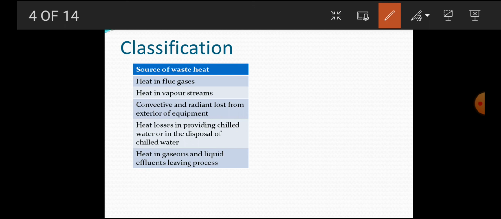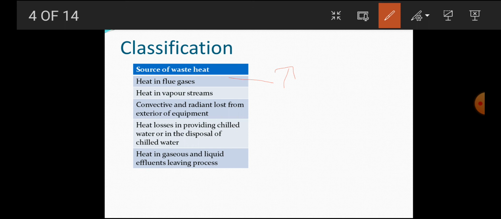Again, we will point them out and see the grade and quality of these sources of heat. First is heat in flue gases. The higher the temperature, the greater the potential value for heat recovery. So here the quality will generally be high, and the higher the temperature, the higher the quality of waste heat.